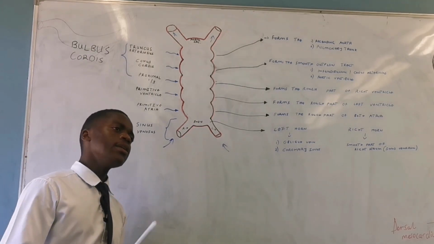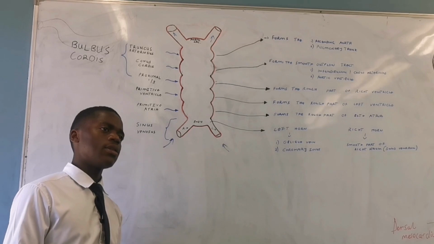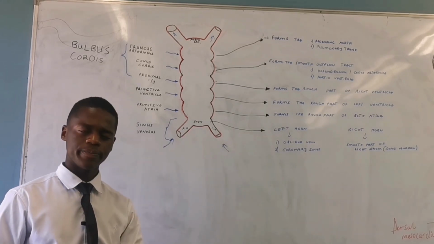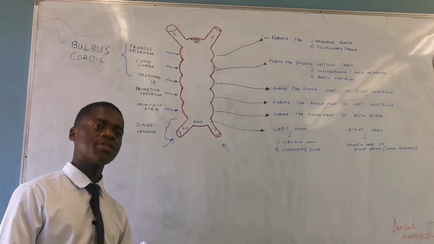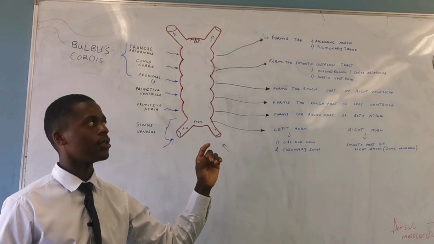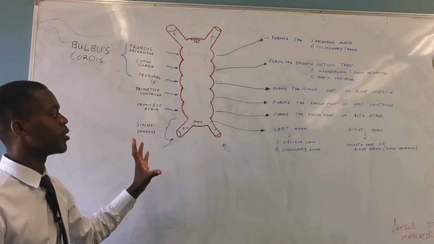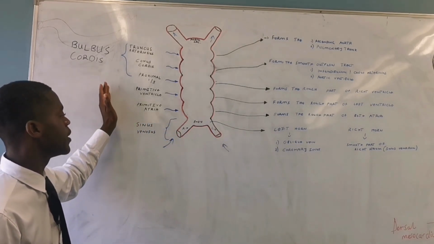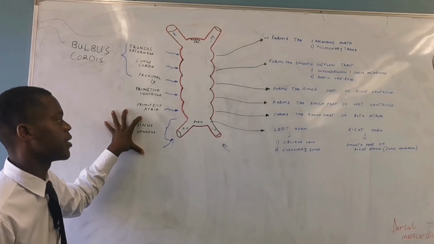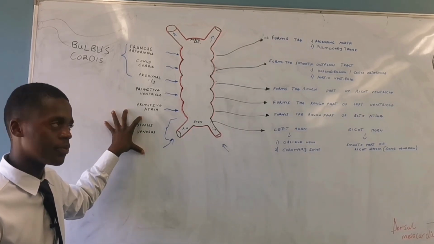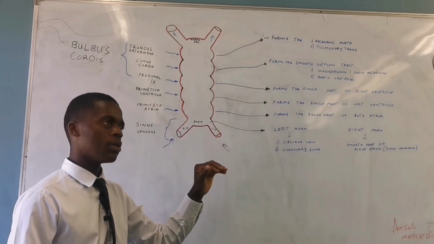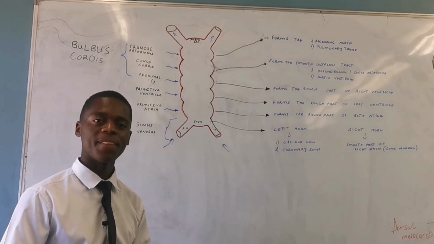So this truncus arteriosus is going to form two things: the pulmonary trunk and the ascending aorta. So now we have talked about the bit of the embryology and the certain derivatives that are going to come from this. So we now move on to the process of cardiac looping.